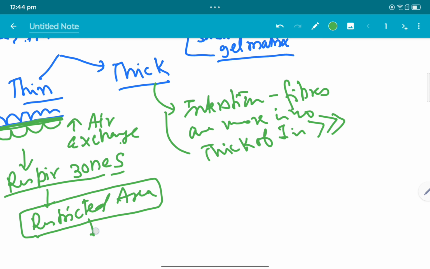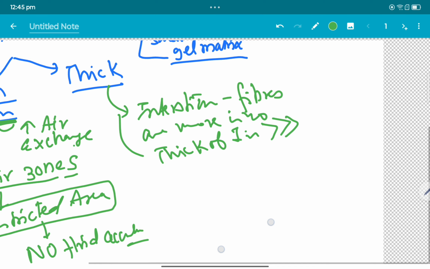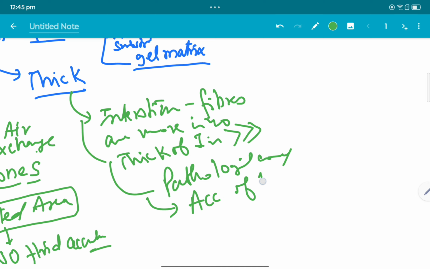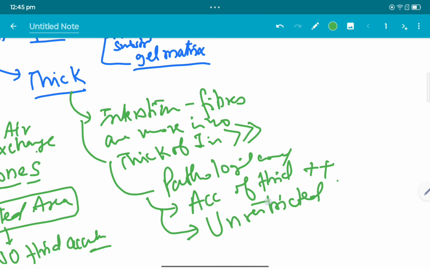Here you will have almost no fluid accumulation. Whereas in thick areas, in pathological conditions like lung edema, accumulation of fluid will be there. These are called the unrestricted portion of the interstitium.